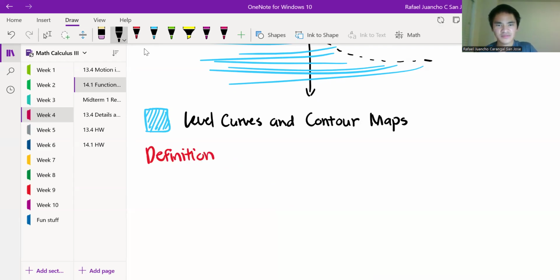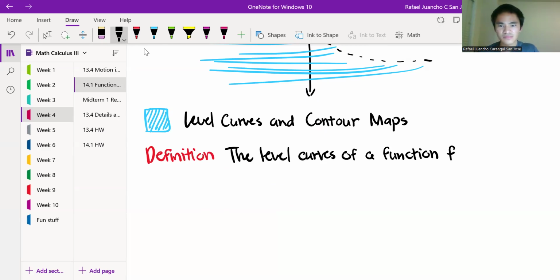So the level curves of, let's say, some function f of 2 variables, here we're assuming it's 2 variables, are curves.